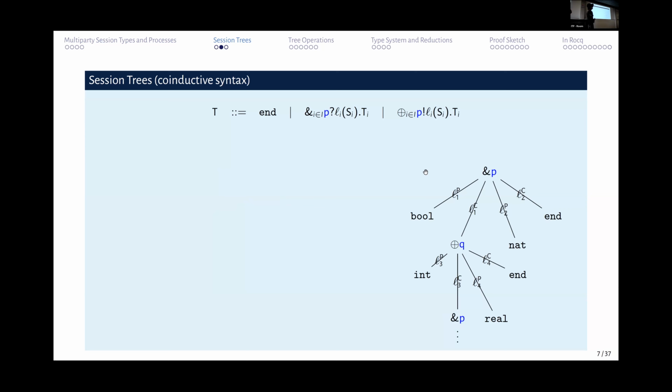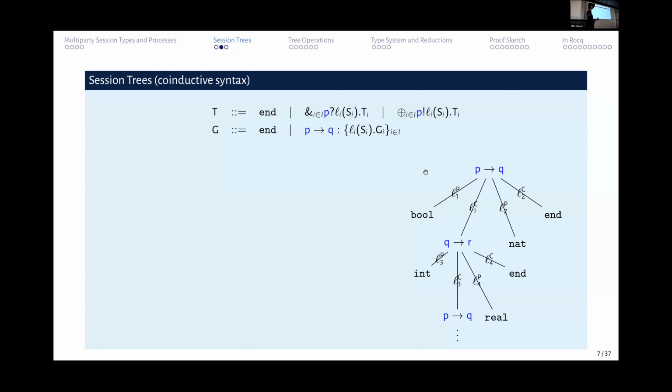First you terminate, or this is an input choice from participant P, a branching choice, and then you have a continuation. Similarly, this is called an internal choice or selection, choosing a label, and it becomes T_i. This is represented like this in the local type, and the global type is very similar.